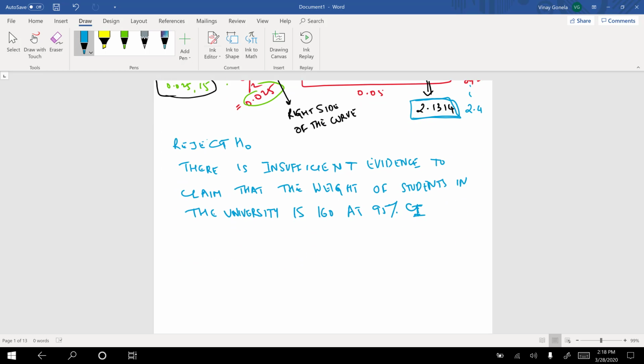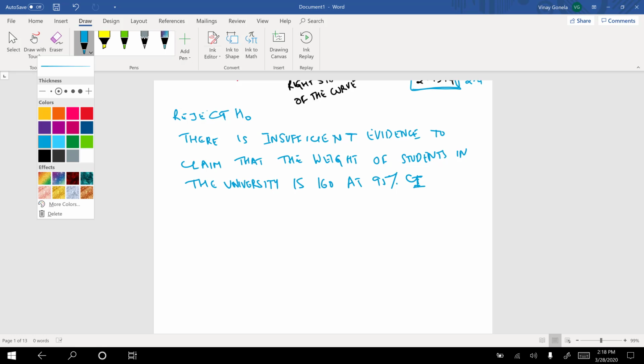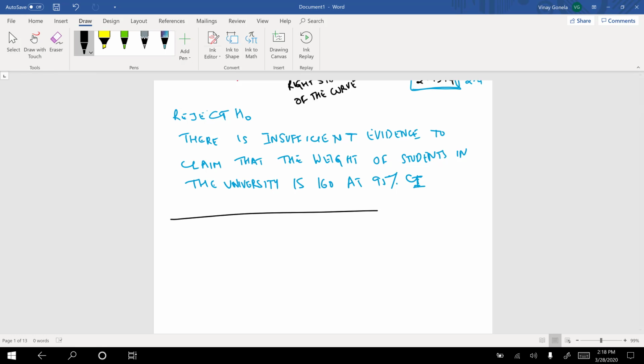So let's do this same problem using our calculation aids and see if we can solve it. So let me note down the question here.